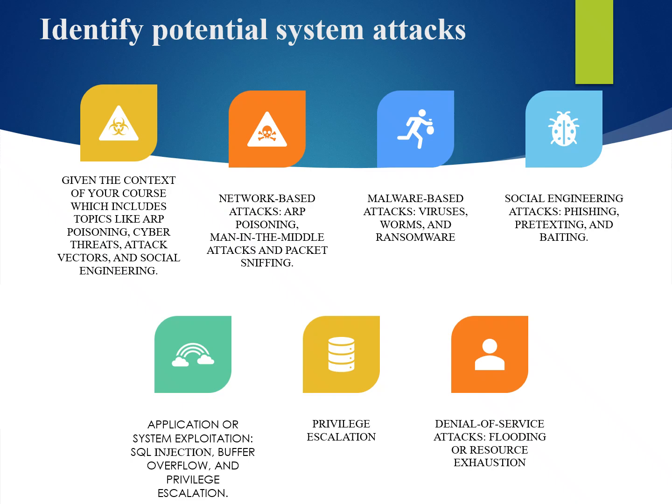We also have malware-based attacks: viruses, worms, and ransomware. As we can see again, we have social engineering attacks: phishing, pretexting, and baiting. And lastly, we can see denial of service attacks, flood or resource exhaustion. These attacks can affect a hospital or a small clinic in daily operation.